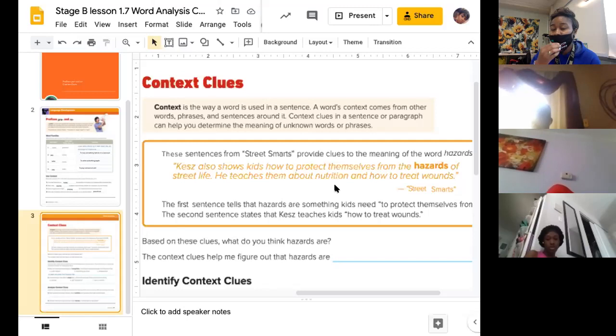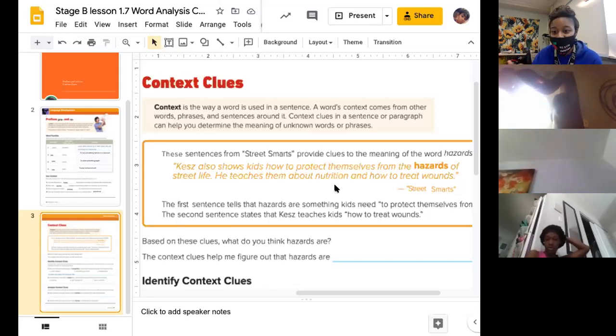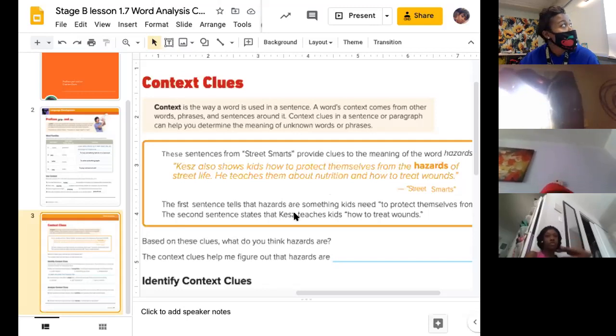When you're protecting yourself from getting hurt, from being harmed, you're protecting yourself from something dangerous. You guys agree? Based on the clues, what do you think hazards are? The context clues help me figure out that hazards are what? What did we just say? They're dangers, but specifically what related to what we're talking about? They're dangers to who? They threaten who in this case?